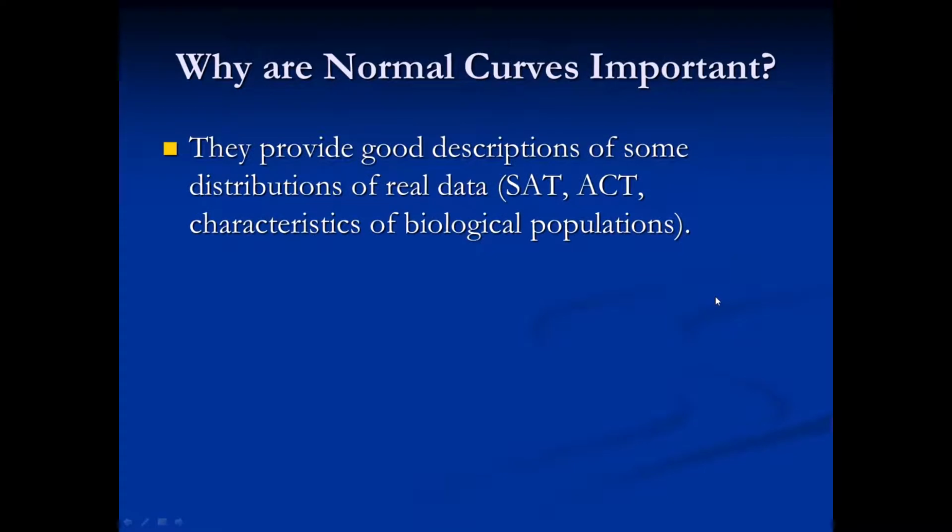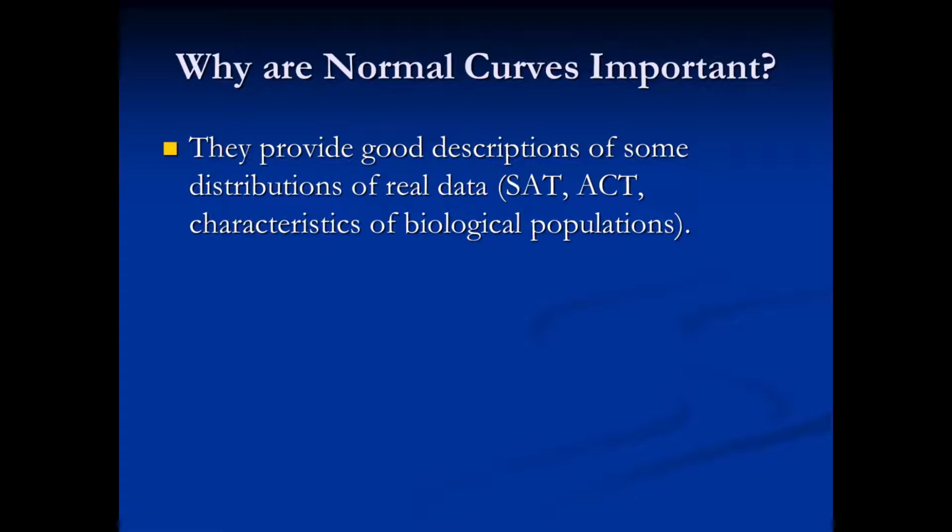Okay, normal curves show up in the natural world all the time. For us, we see them very frequently in standardized tests like SAT, ACT, MCAT, all of those. Also, things like heights or skull diameters or the length from your elbow to your wrist.